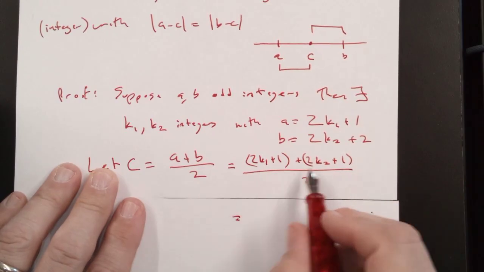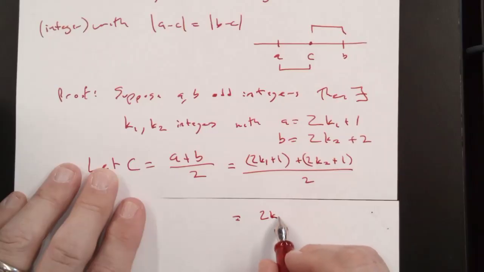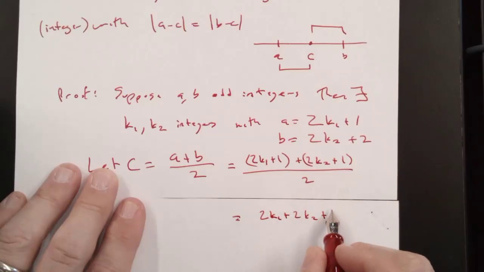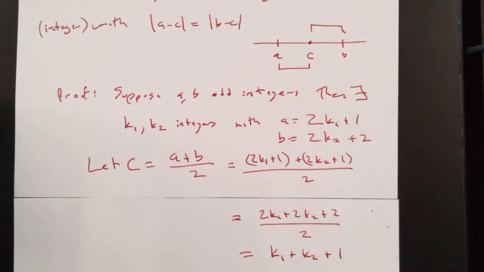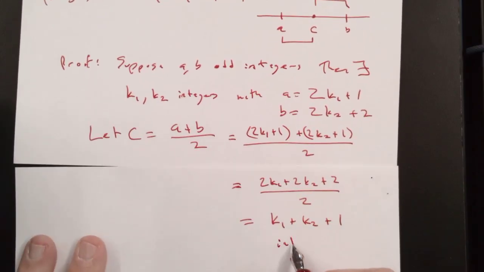Wait a minute. I have a plus 1 and another plus 1. What happens when I do that division? And those are integers, right? k1 is an integer, k2 is an integer, 1 is an integer, and when you add integers, you get an integer.